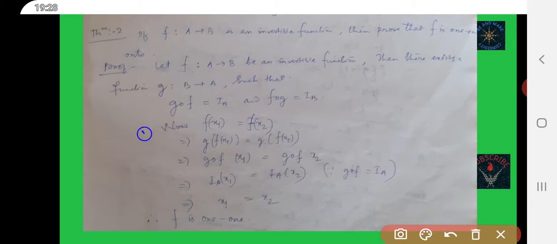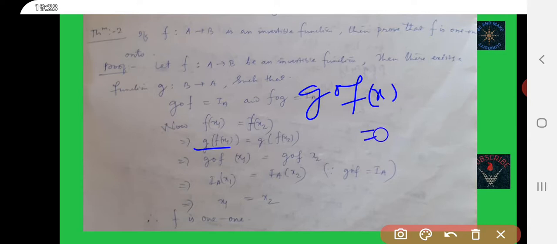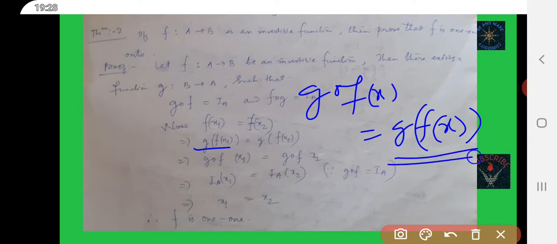So first consider f of x1 is equal to f of x2. Since these two values are equal, we can write g of f of x1 equals g of f of x2. And by the definition, g o f of x is equal to g of f of x.